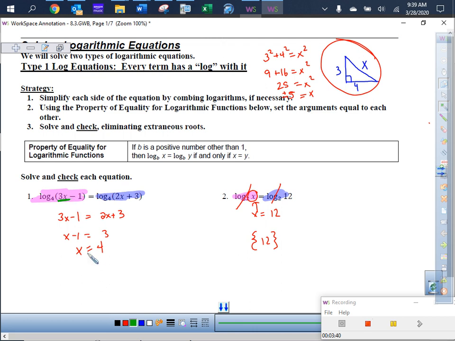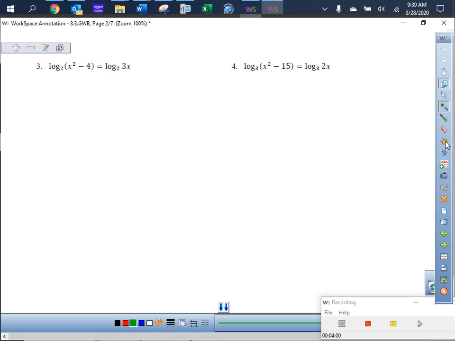That's 11. And if I put 4 in over here, that'd be 8 plus 3, which is 11. So I got a positive argument back both times. That means 4 checks, and it is our solution. So in these logarithmic equations, every term has a log with it. As you can see in this guy, you got an equation. Boom. There are logs involved. Cool.